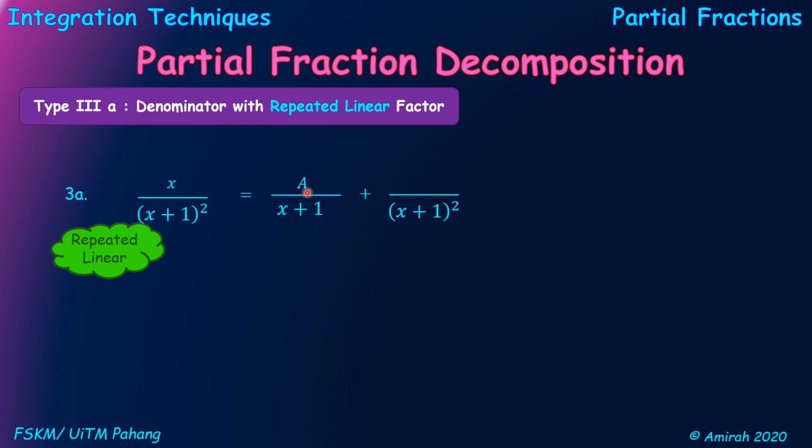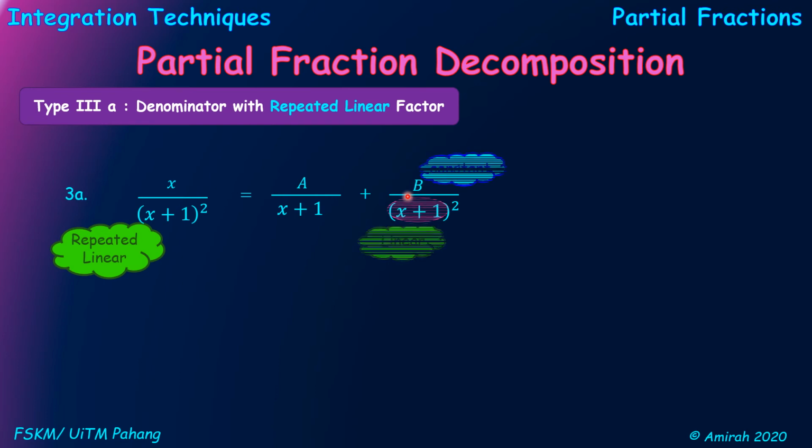Okay, and then for the second fraction, we just consider the factor inside the bracket. The factor inside the bracket is a linear factor. So when we have a denominator with a linear factor, we will have a numerator with a constant.